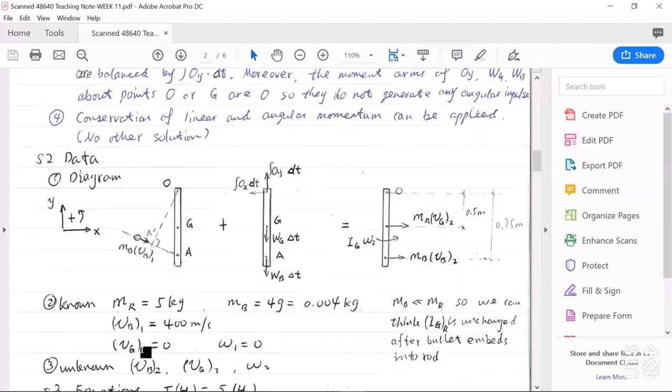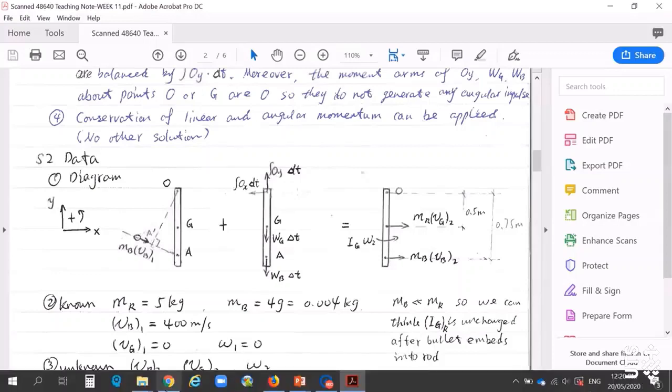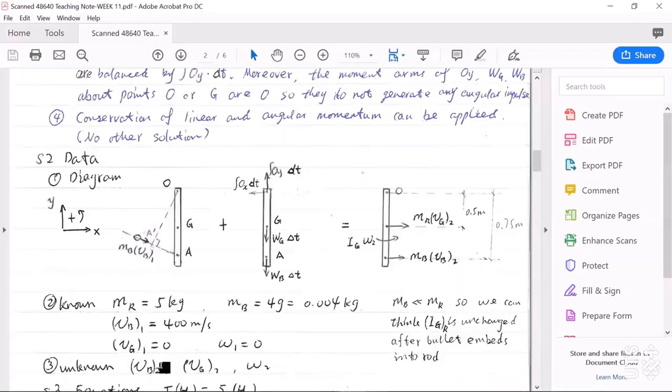But for VG1 and omega 1, because the slant rod was at rest initially, the velocities must be 0. We don't know VB2, VG2, and omega 2. And again, these three unknown parameters are not independent. We can use any one of them to express the other two.